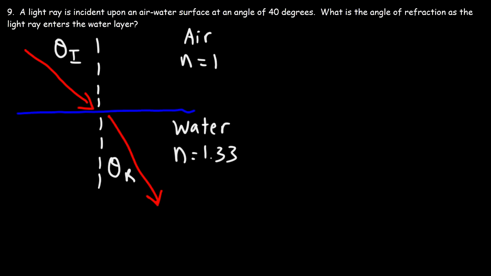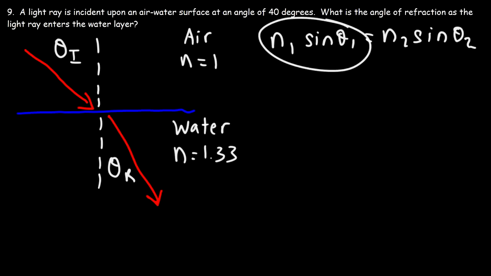Now the formula that we need is referred to as Snell's law, also known as the law of refraction. So N1 sine theta 1 is equal to N2 sine theta 2. So the left side, we're going to use it for the first material, which will be air. The right side, we're going to use it for the second material, which is water.